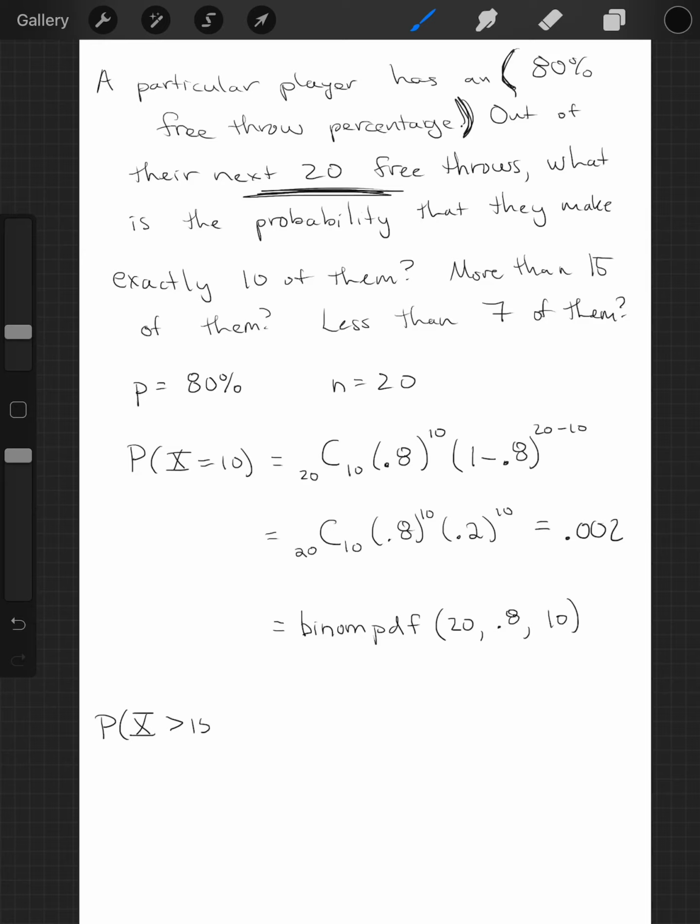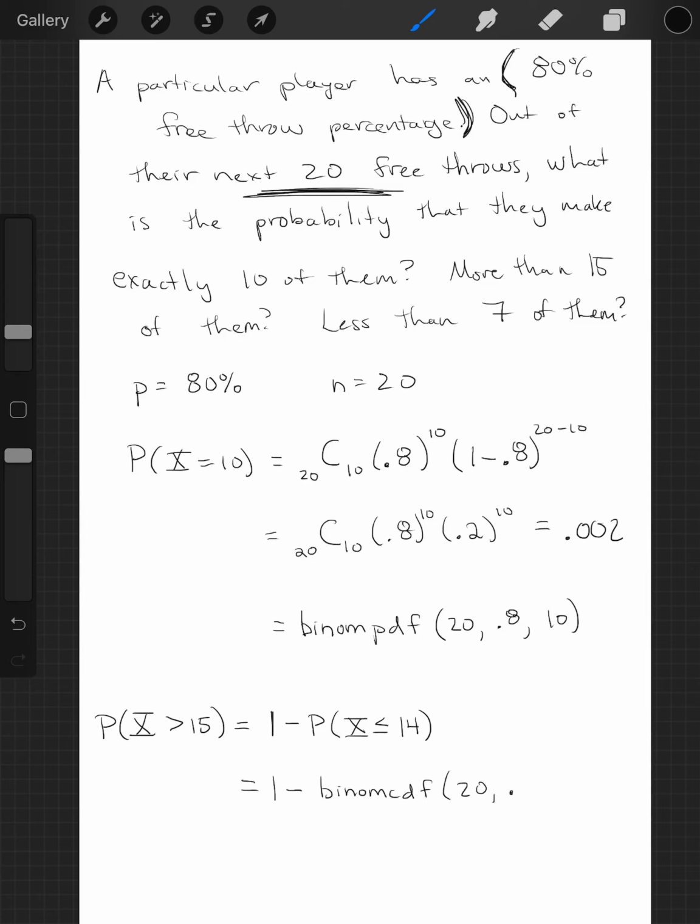The other question, the probability that x is greater than 15. This is the type of thing that it's really good to use the binomial CDF for, but we can only do that if it's a less than statement. So we need to notice that this is 1 minus the probability that x is less than or equal to 15.